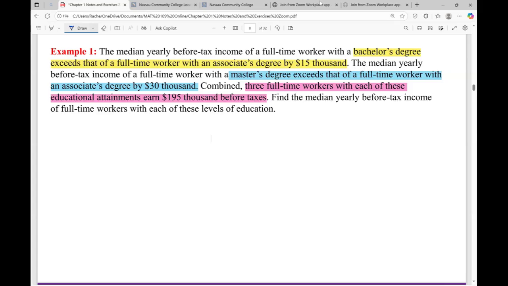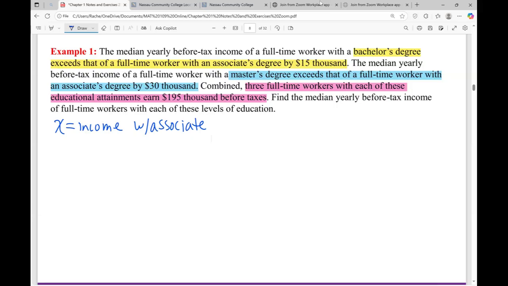So if we look at the yellow and the blue, one describes a bachelor's degree, the other describes the master's degree, but it's in terms of the associate degree. Each one is making a certain amount of dollars more than the person with the associate's degree. But we don't know how much a person with an associate's degree is making, so why don't we let that be X? So let X be the income, of course, of a full-time worker before taxes with associate degree.